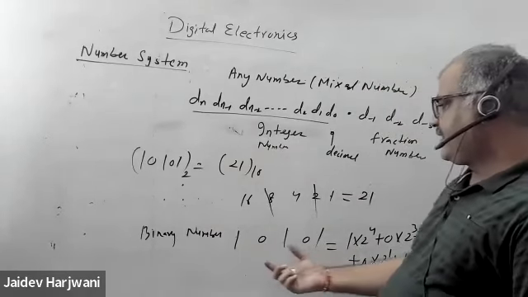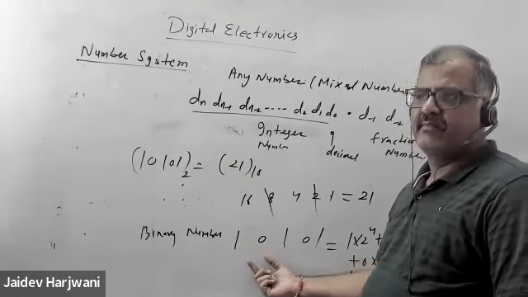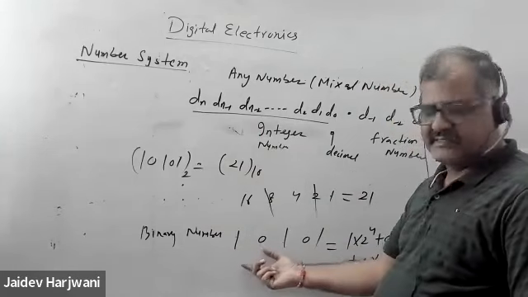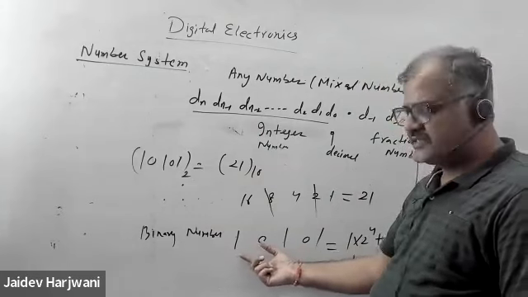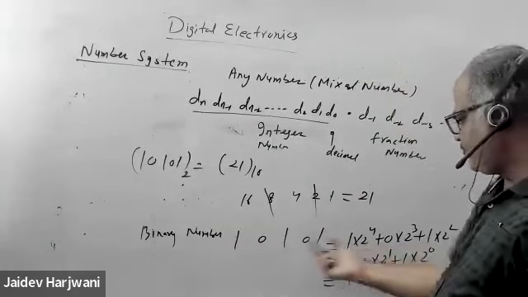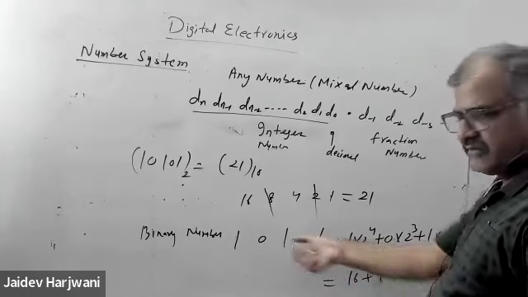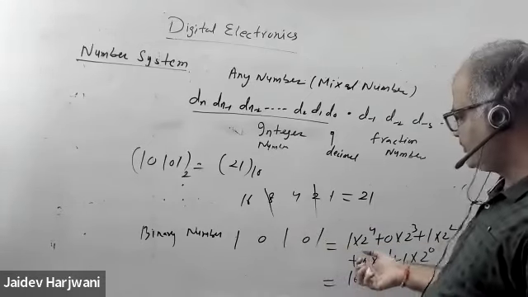Now, for example, instead of a binary number, there is an octal number, or a hexadecimal number. You know octal has a base 8. So instead of multiplying by powers of base 2, you have to multiply by powers of base 8.